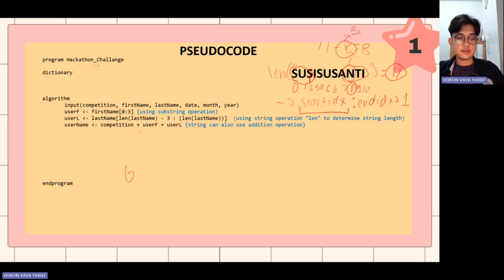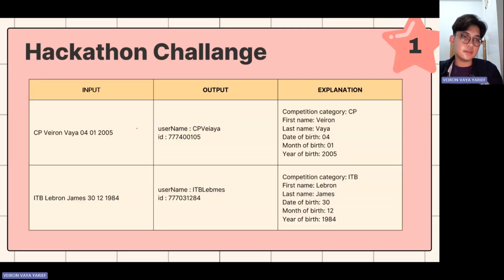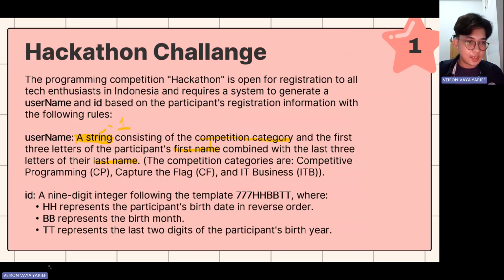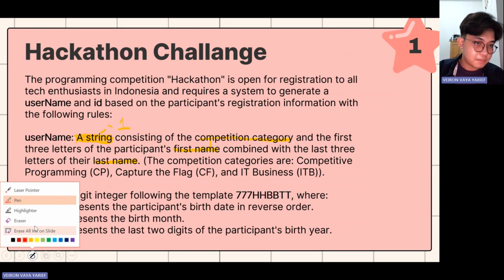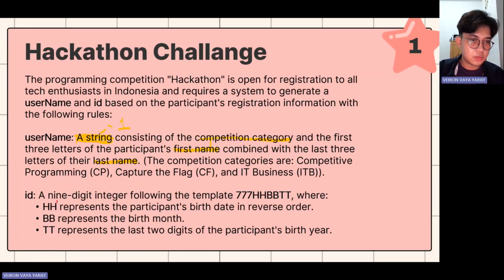What do we need to do next? If we go back to the question, after one job is done, we need to do the ID. A 9-digit integer following the template, where HH represents the participant's birthday in reverse order.